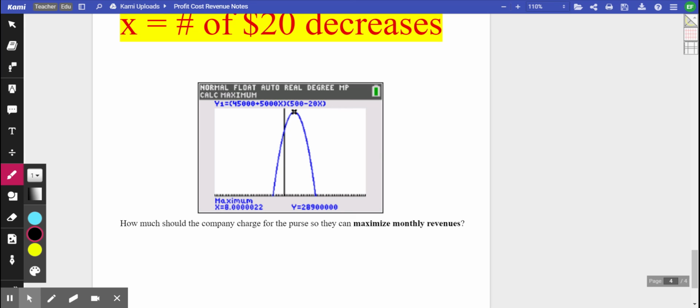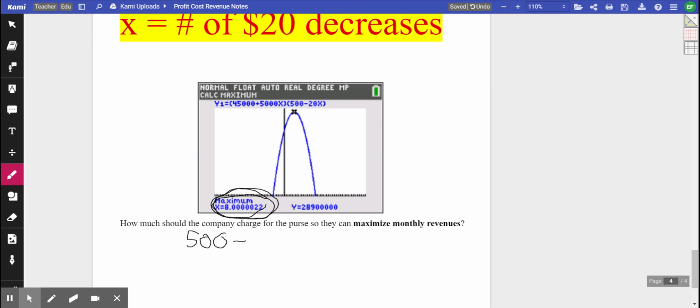Well, remember here, my X represents not my number of purses, but my number of $20 decreases. We know that at 8, I started at 500 and decreased it 8 times by $20. So I had to take my 500 and subtract 160 from that, which means that's $340.